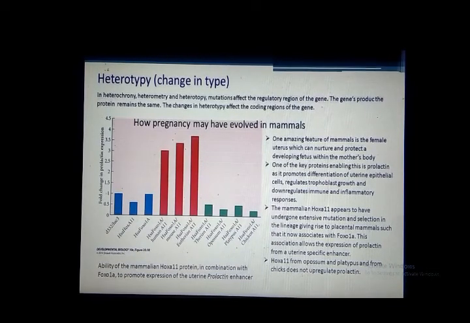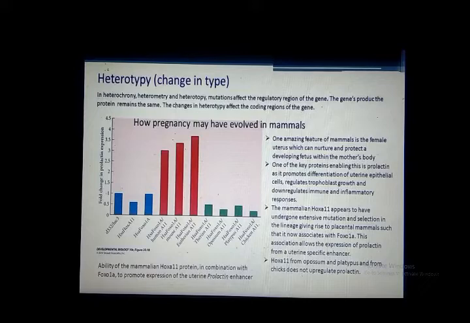The mammalian HOXA11 appears to have undergone extensive mutation and selection in the lineage giving rise to placental mammals, such that it now associates with FOXO1A.